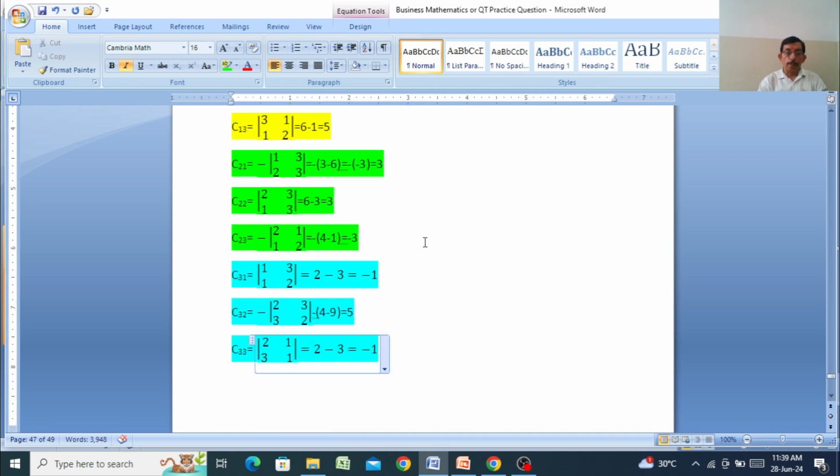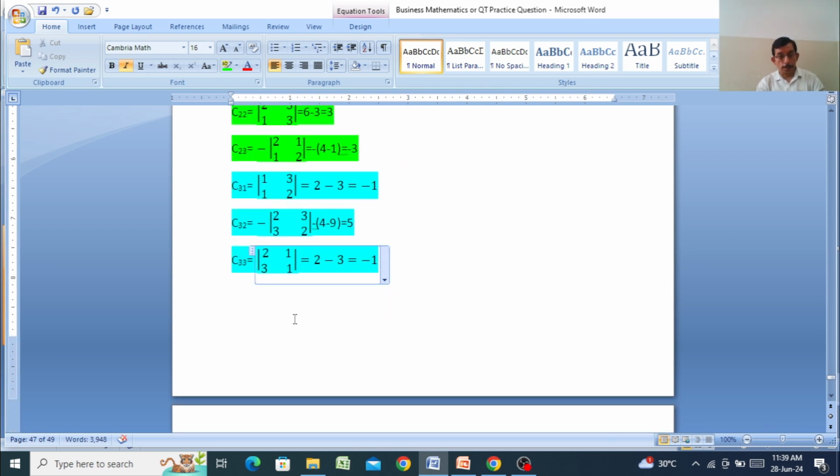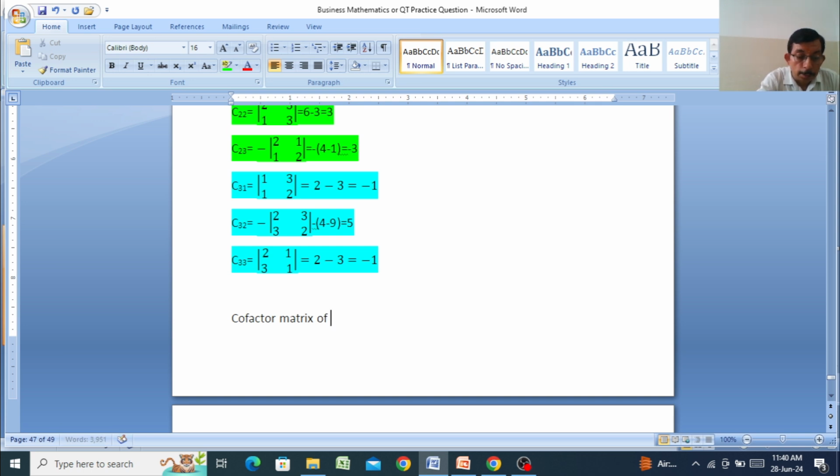Now we find the cofactor matrix of A, equal to C.